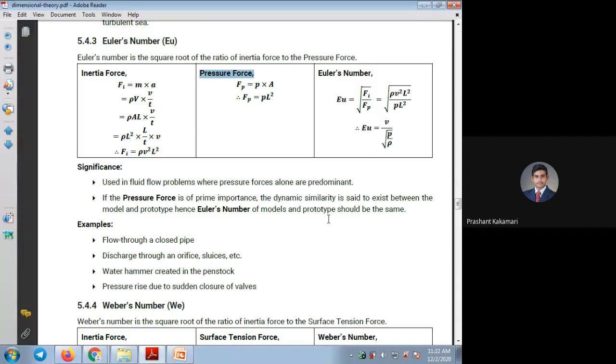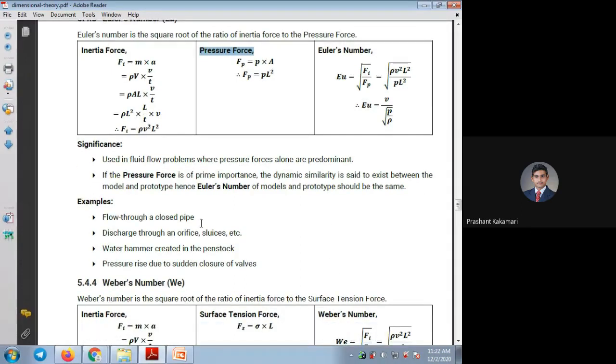For a small-scale model, the Euler's number you have found should match the big prototype when you run it in the actual environment.